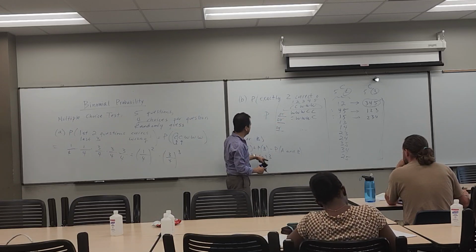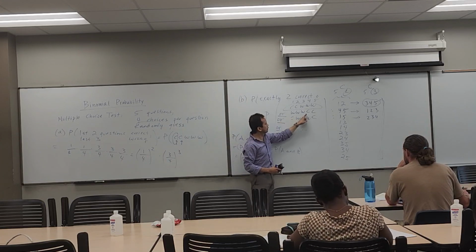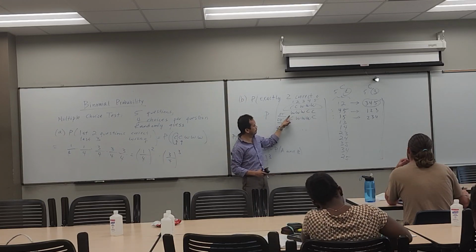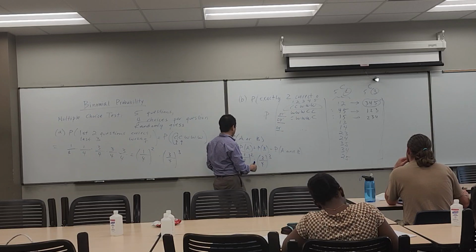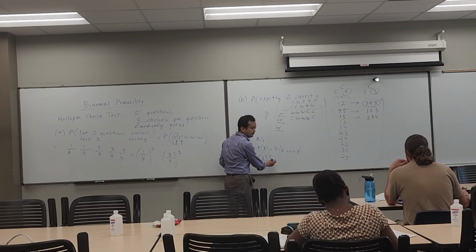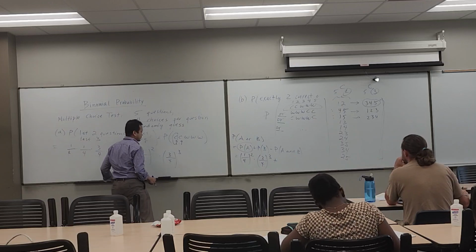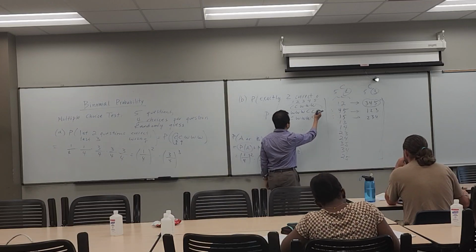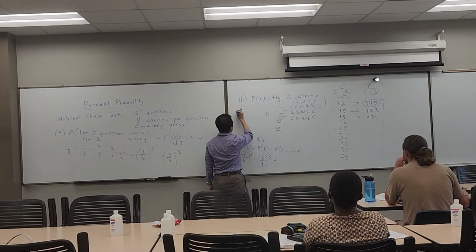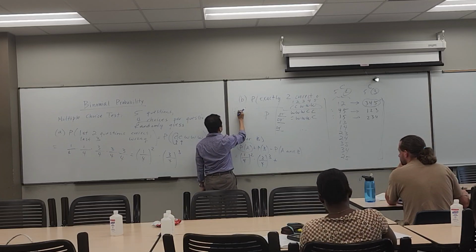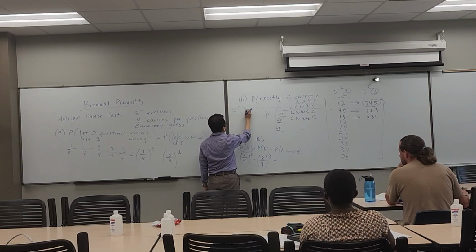So the second probability is still 1/4 squared times 3/4 raised to the 3rd power. Every probability going down there is going to be the same if we're trying to get 2 right and 3 wrong. Each of these individual probabilities is still 1/4 squared times 3/4 cubed.